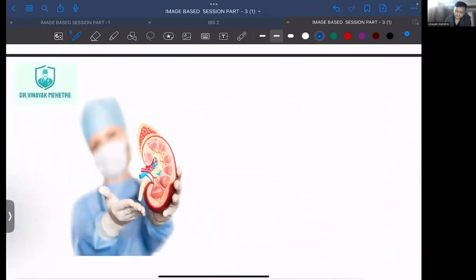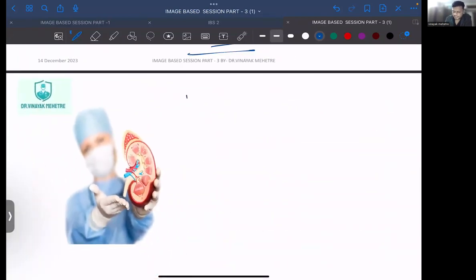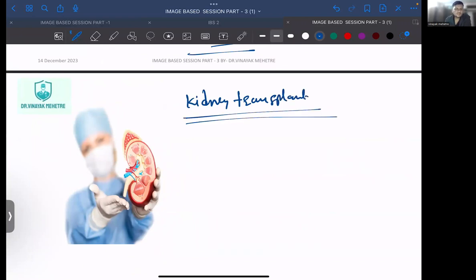Now tell me about kidney transplant. How many HLAs do we need to match, and which is the ideal donor or best donor? Anyone? How many HLAs should match?